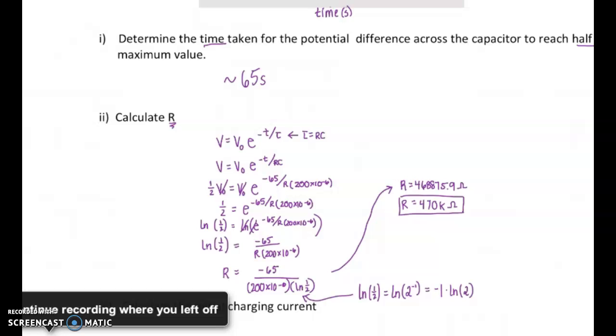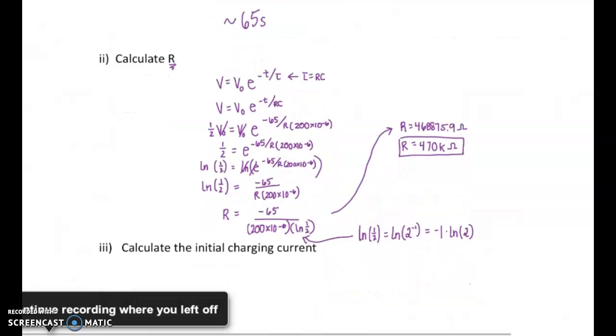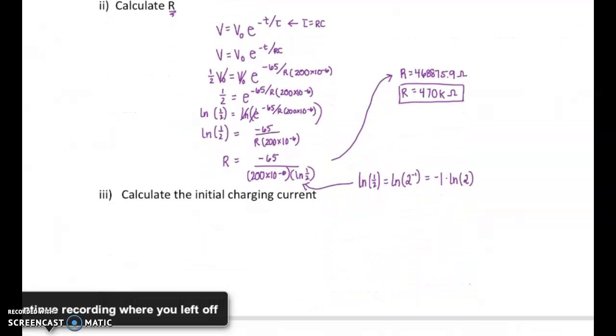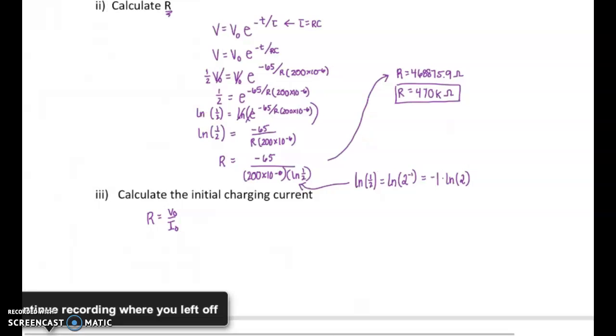The last part of this problem is asking us to calculate the initial charging current. Again, I'm going to use my previous answer to help me out here, thinking that R equals V over I. We are looking for that initial charging current, so we are going to use the initial voltage, also known as our maximum voltage.